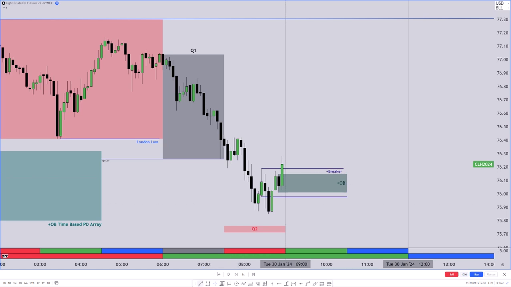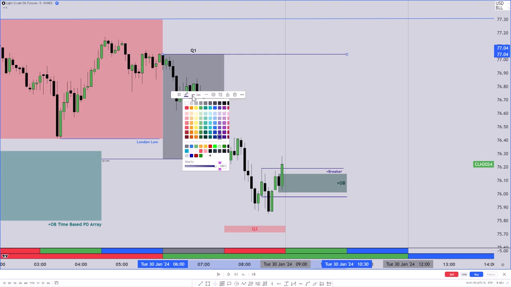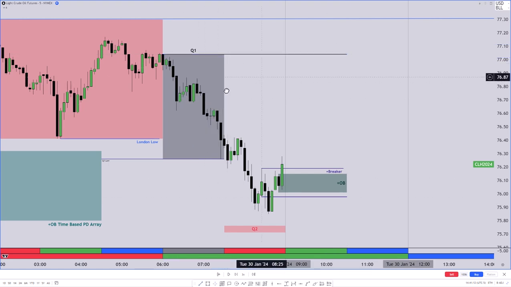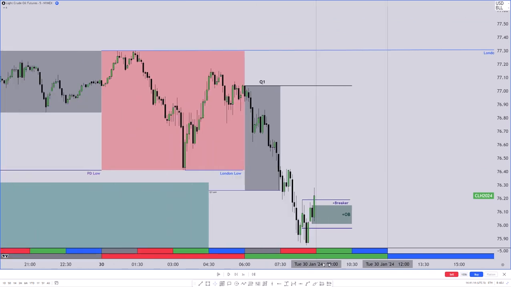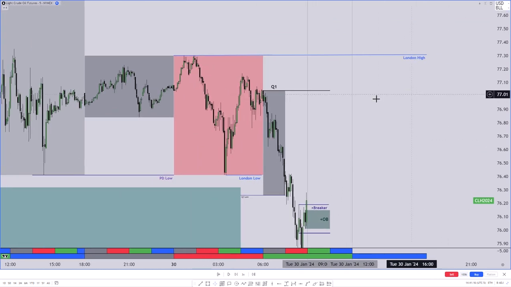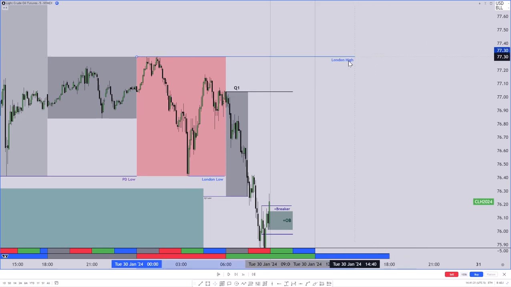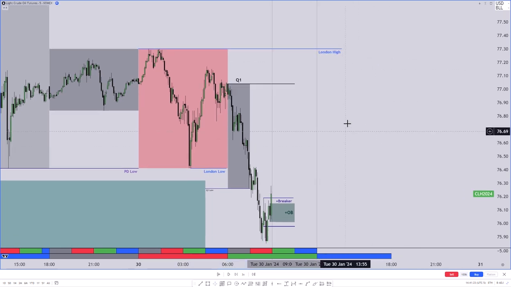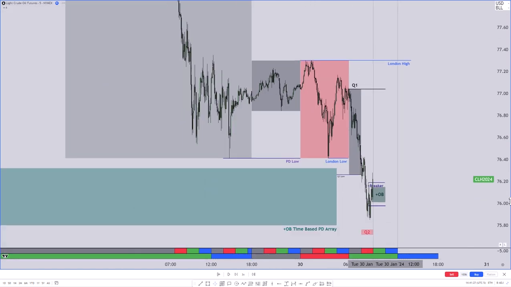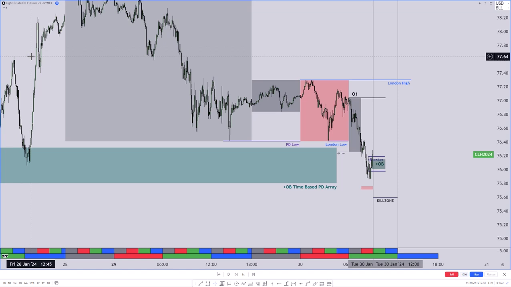Then our drawn liquidity would be the Q1 high, right? The Q1 high, the London high, and if price has not reached that within Q3, then generally we would be looking for a PD array that's formed within Q3 to target, right?